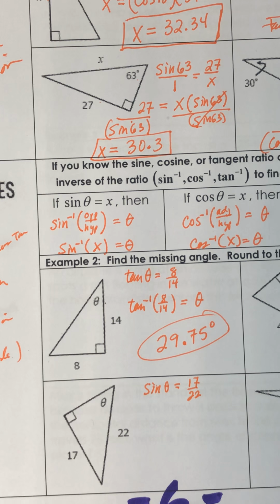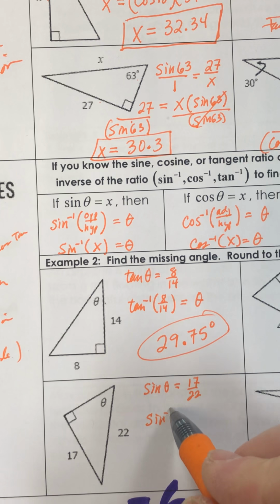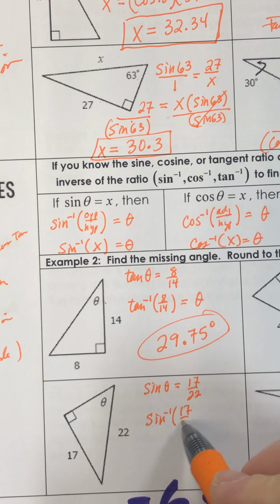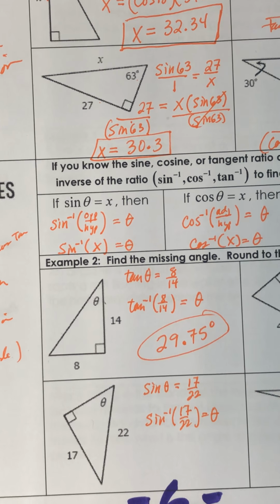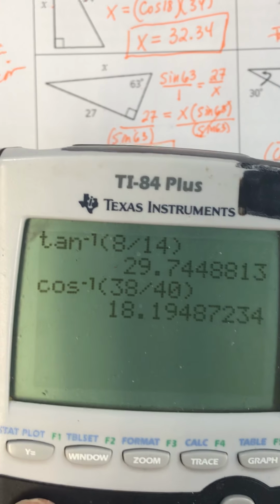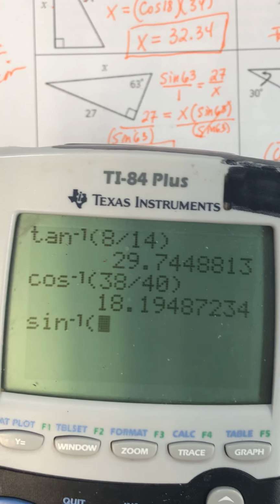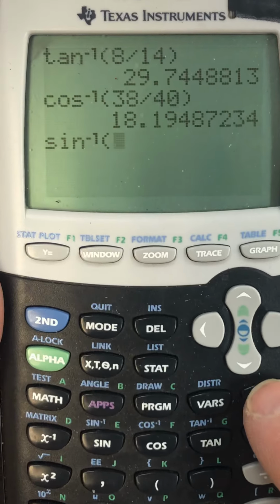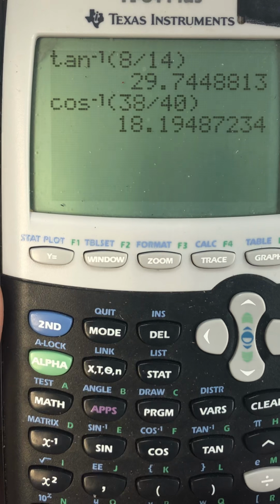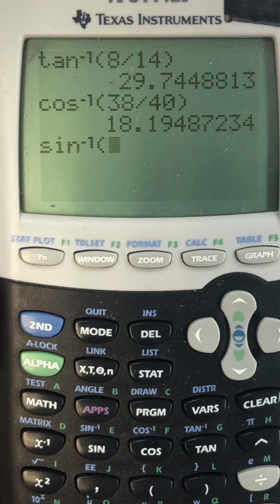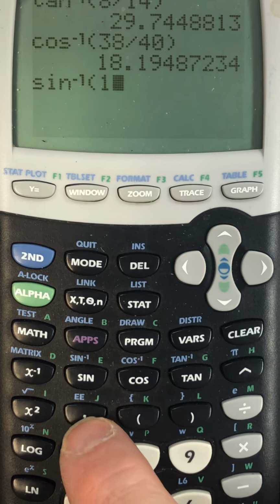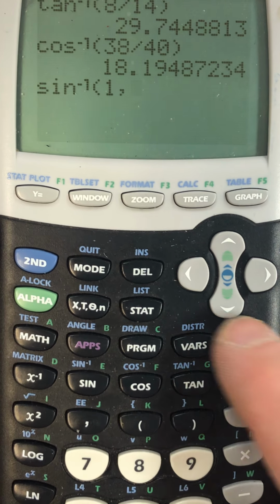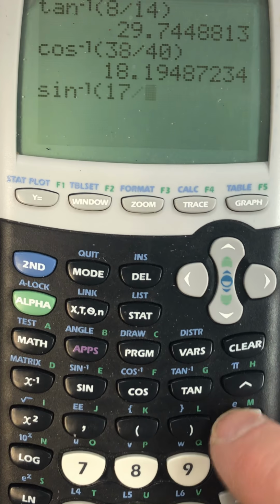Now I have to use the inverse. So I'm going to write sine inverse 17/22 equals the angle. Then I take my calculator and type it in. I hit second sine, and the ratio was 17/22, so 17 divided by 22.